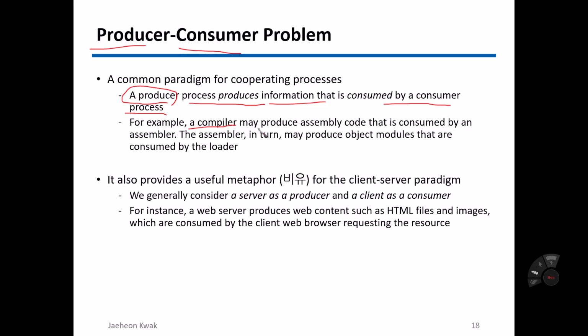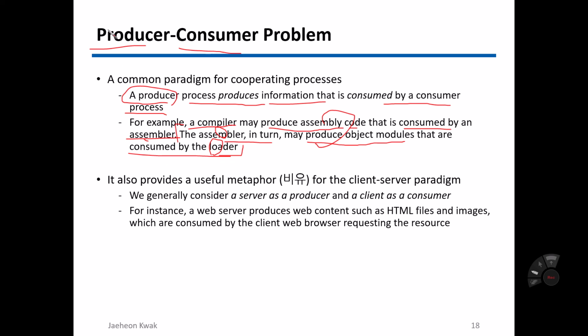A compiler may produce assembly code, and this assembly code will be consumed by an assembler. Then the assembler will take this assembly code and produce object modules, which will be consumed by the loader. So in this context, the assembler is a producer and the loader is a consumer.